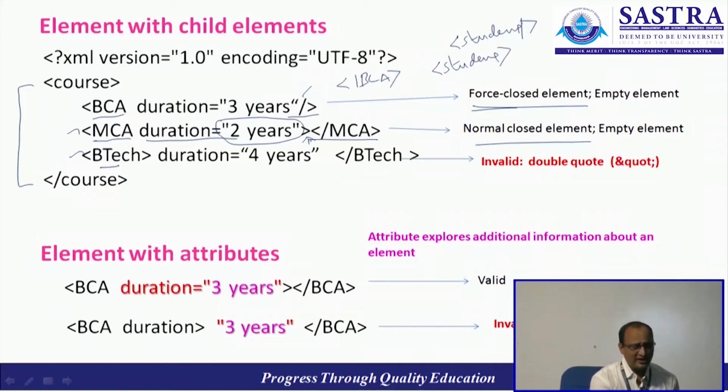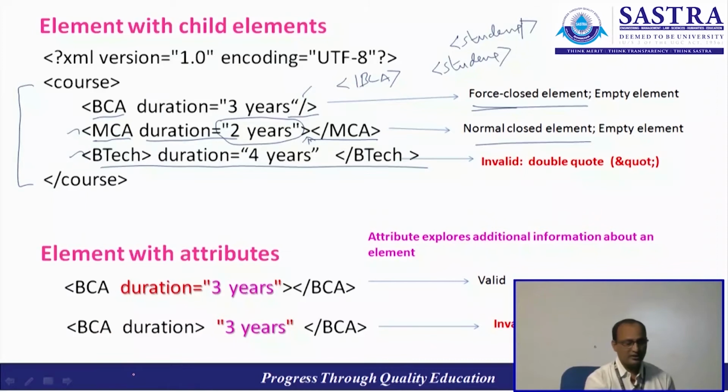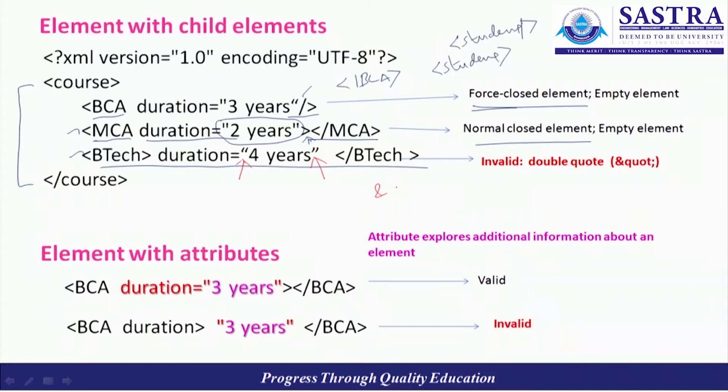Look at the BTech I have created with some mistakes. Can you identify that? The mistake is actually with the double quotes. The double quotes can be written as ampersand QUOT semicolon. This is a predefined entity.